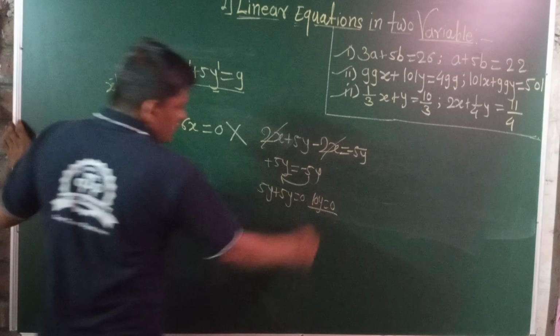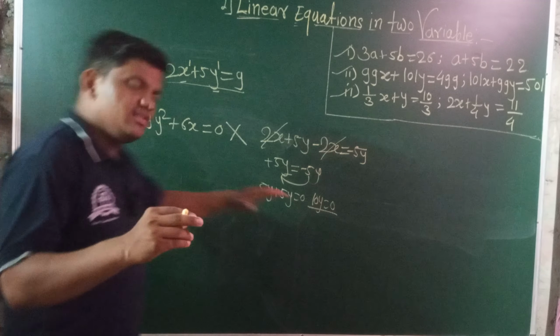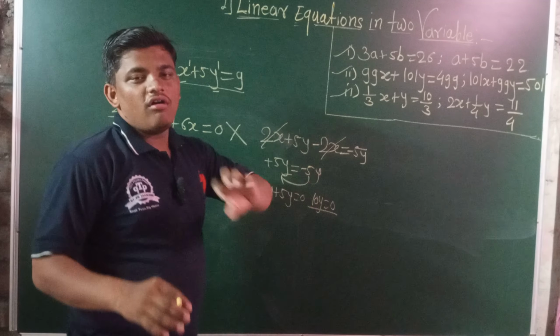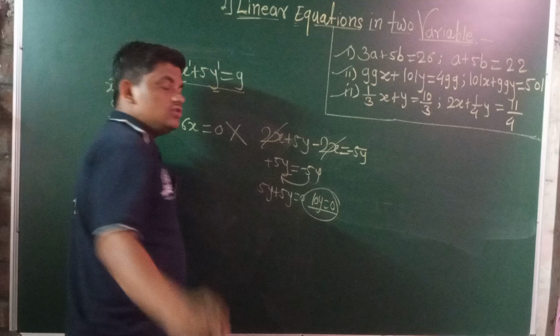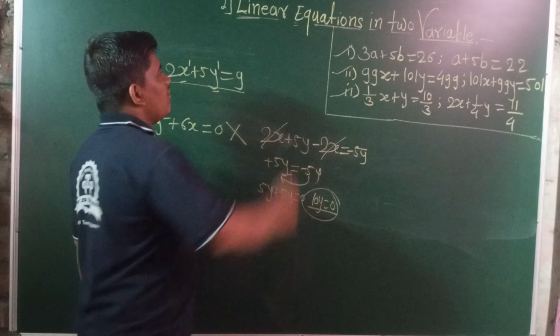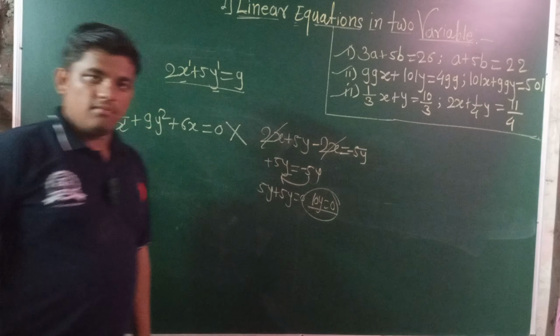This equation does not have two variables. This equation is linear because the power of the variable is 1, but it does not have two variables. That means this equation is not a linear equation in two variables.